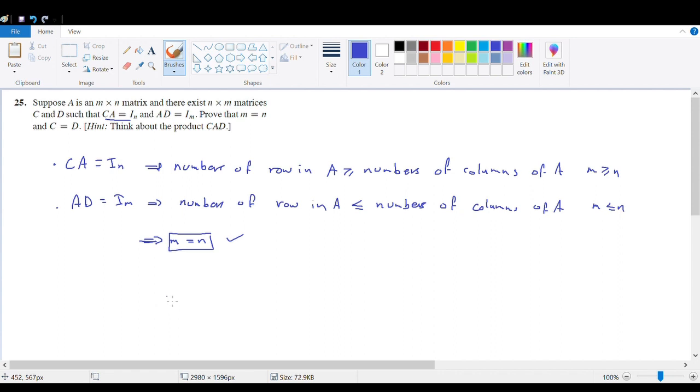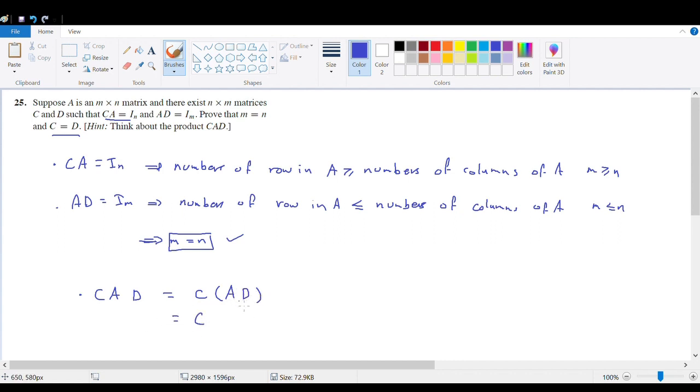Now to show that C is equal to D, we know that CAD can be written as C times (AD).